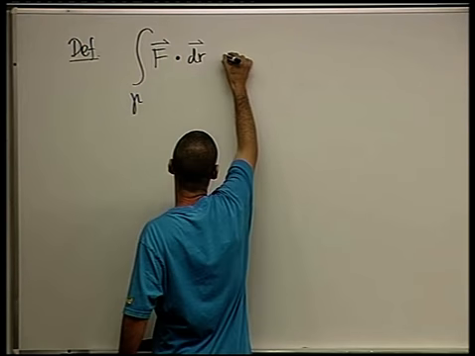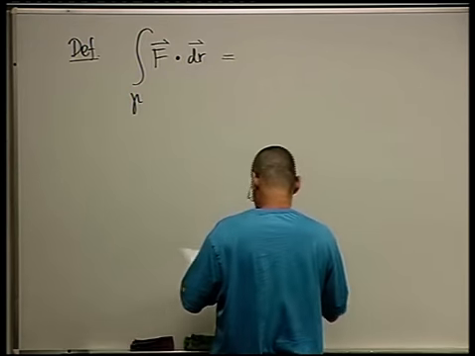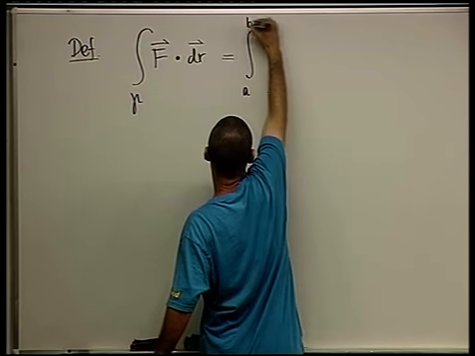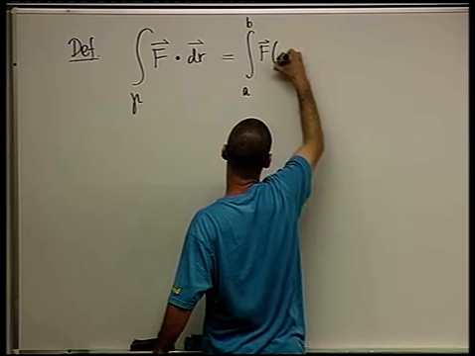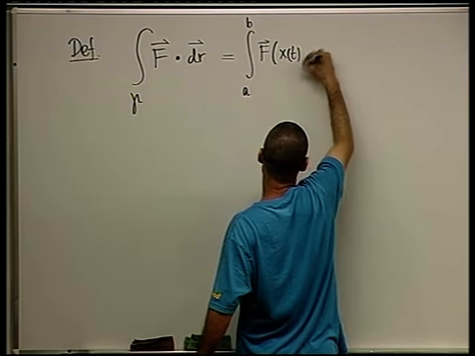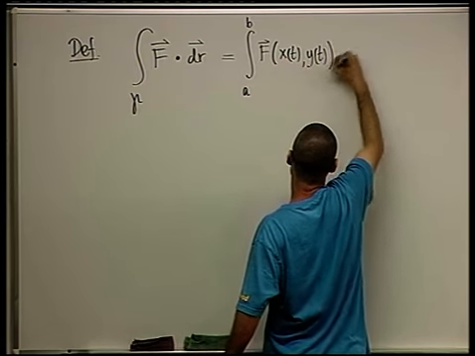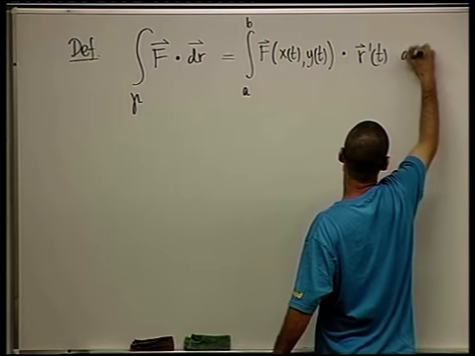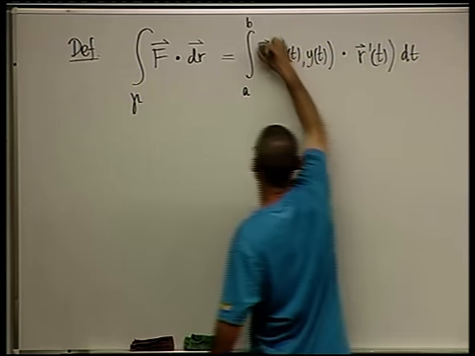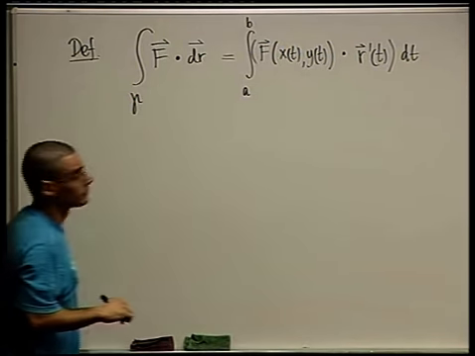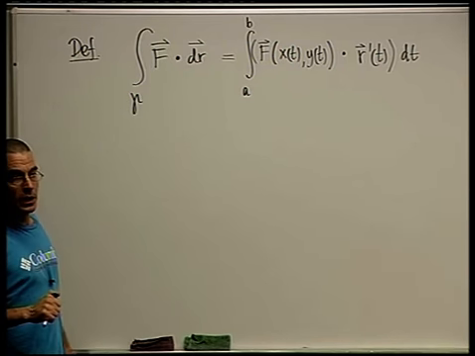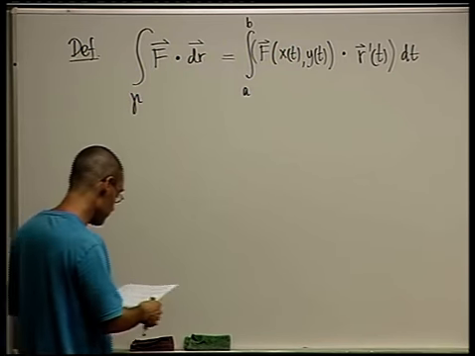But what is it really? It's the integral from a to b of F of x of t, y of t, dot r prime of t, dt. Okay, so this is what it really is. That's what we found out there.